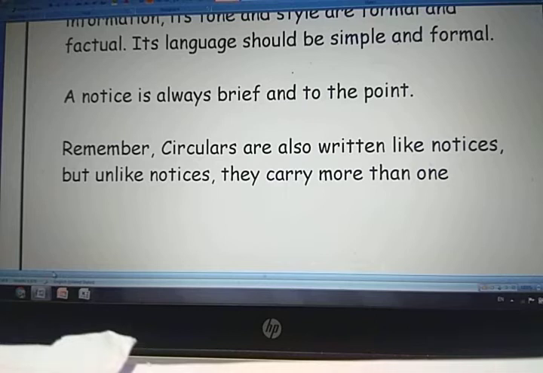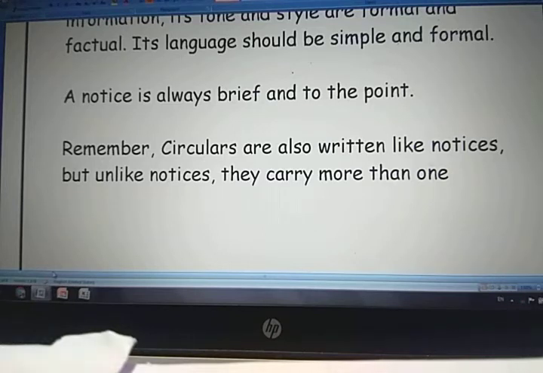Notice is given for only a particular thing, whereas in a circular, you may have a number of points. From time to time from your principal's office, you receive some circulars.